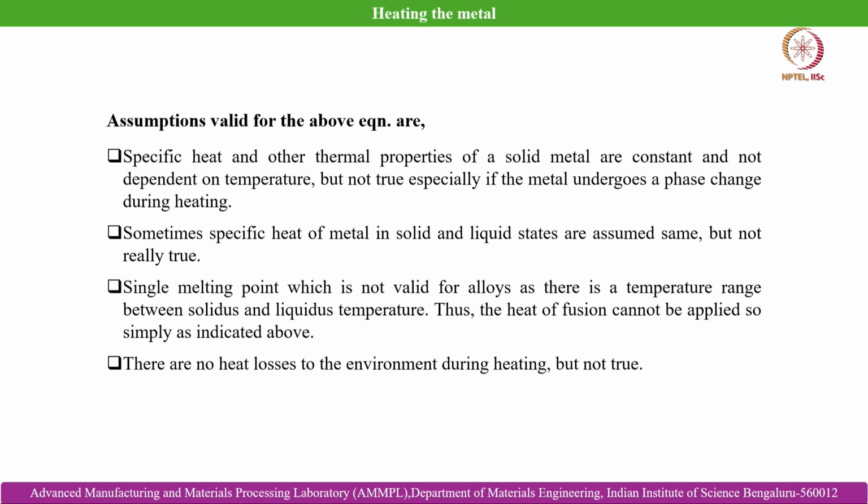And number four is that there are no heat losses to the environment during heating, which is also not true. Only if we are doing the melting operation under vacuum can it be achieved, but otherwise there is some amount of heat loss. So these are the assumptions considered in the equation shown in the previous slide.